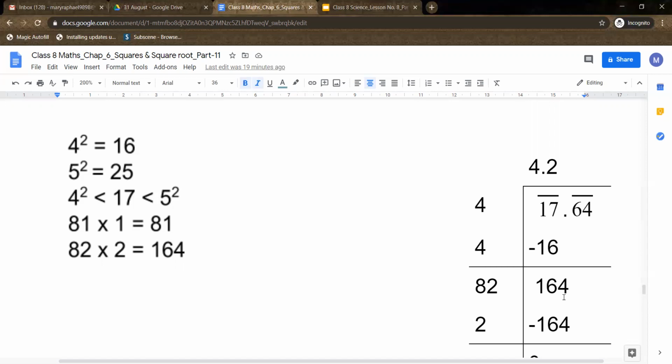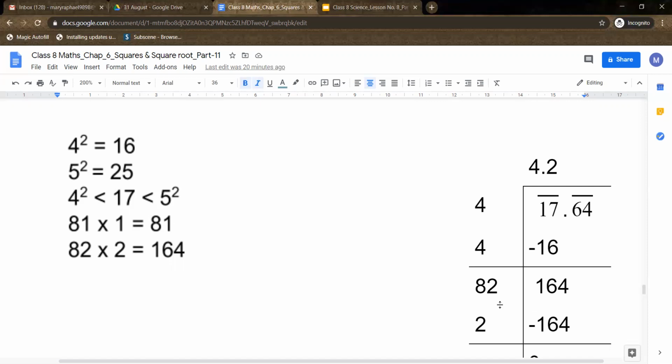We have got 164. Now we doubled the digit 4, and we got 8. Now first we can try 81 ones are 81, which is small. Then I tried 82 twos are, see, this is the way both digits we should change together. If 81 ones are coming less, then don't do 81 twos; both the digits we have to change together. 82 twos are 164, which is exactly equal to the dividend 164.